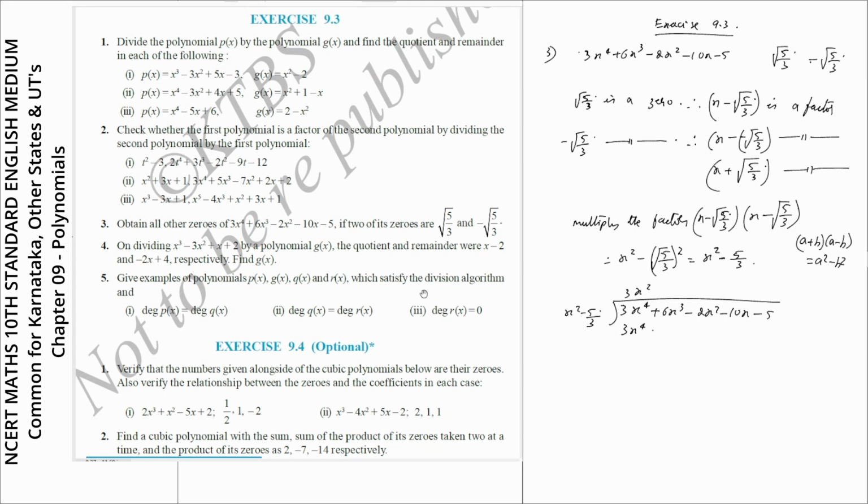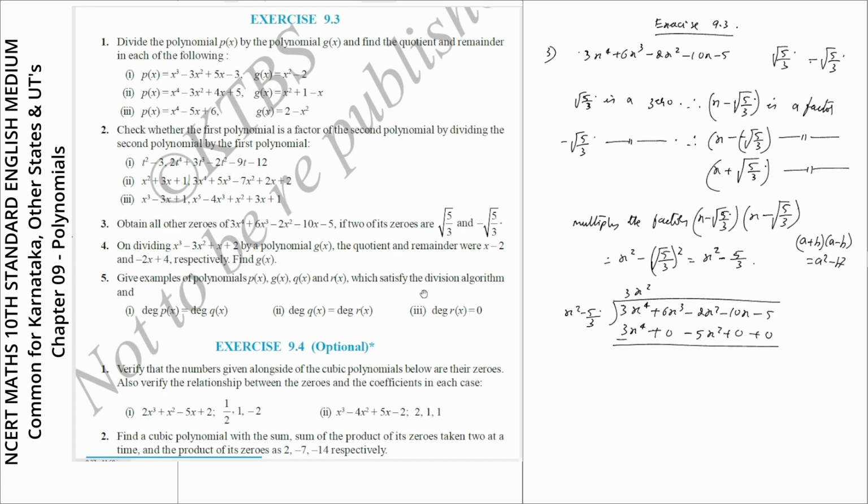Then 5 by 3 into 3x square. So 3 will get cancelled. I'll get 5. So minus 5 by 3 into 3x square is minus 5x square. So here I'll put zeros.